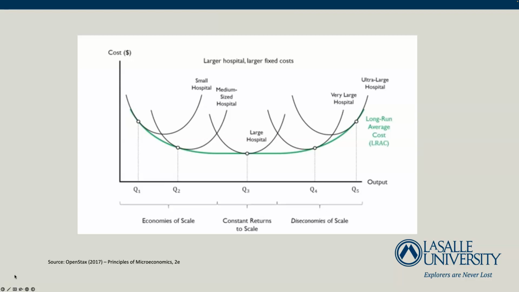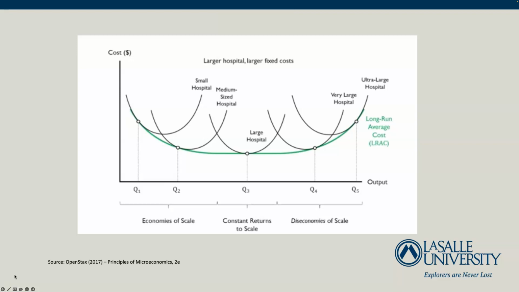So again, in this model, each short-run average cost curve represents a specific level of fixed cost, and the long-run average cost curve shows the least expensive average cost curve for any level of output. If you want to see Q3 patients per year, a large hospital would be the least costly way to do that.